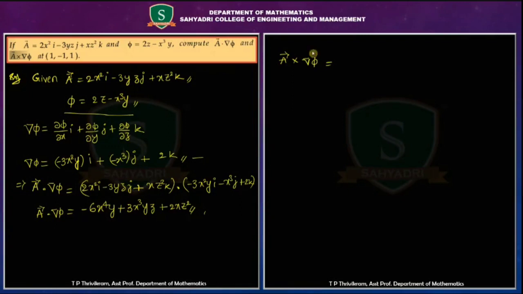Can you tell how to write A cross del phi? The first row 2x², minus 3yz, xz². Next, minus 3x²y, minus x³, 2.